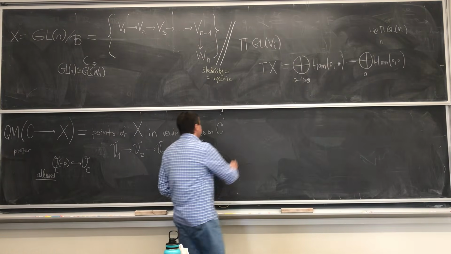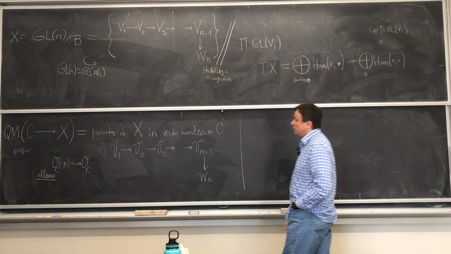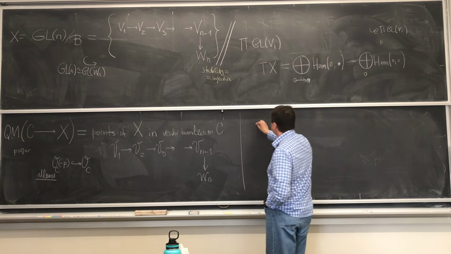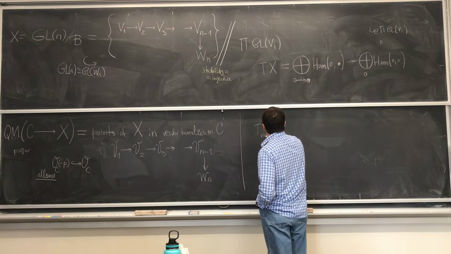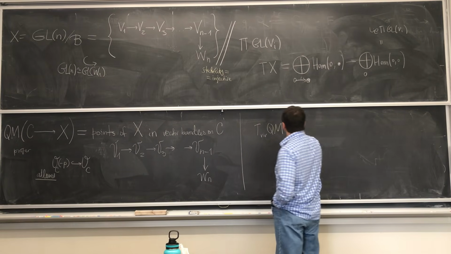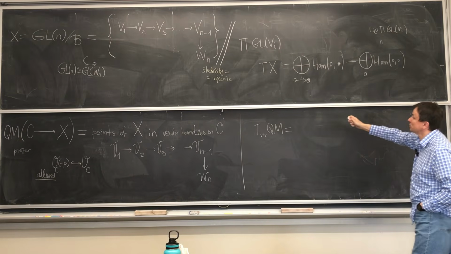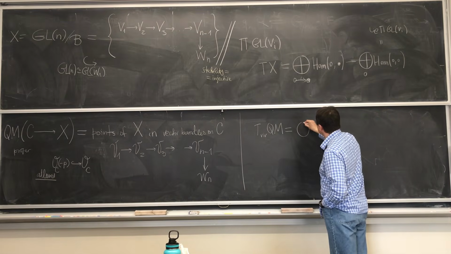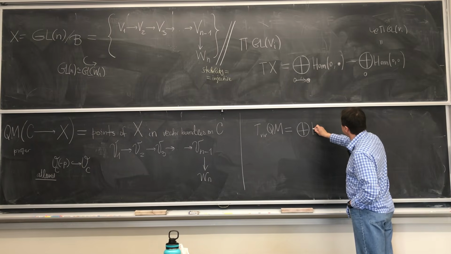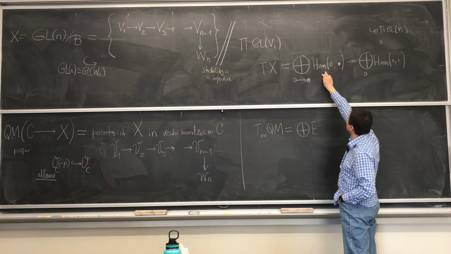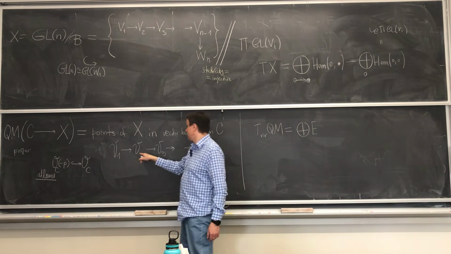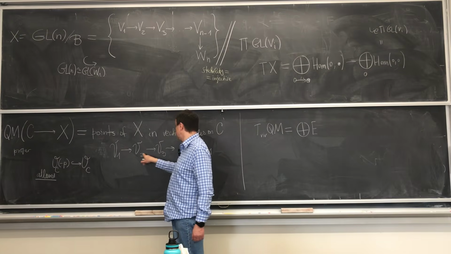And moreover, it has a virtual tangent bundle, which is just given by the exact same formula as before. Where you previously had Hom, now you have a sheaf on a curve.